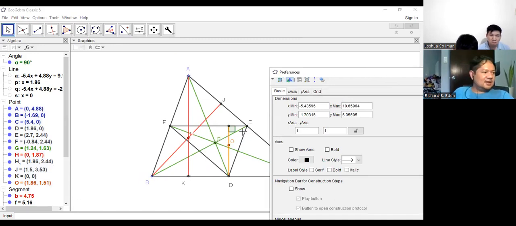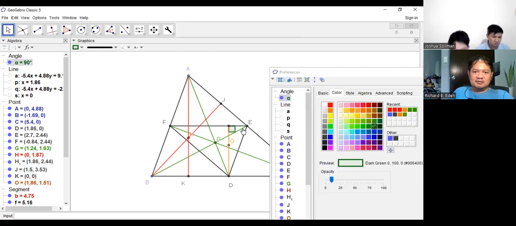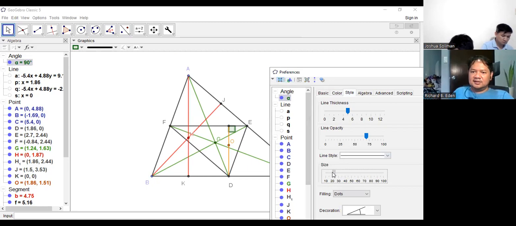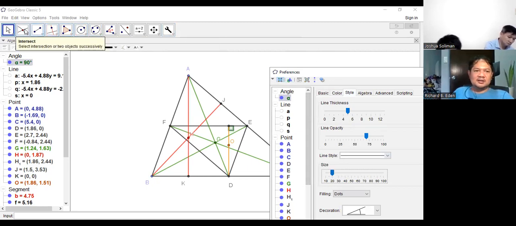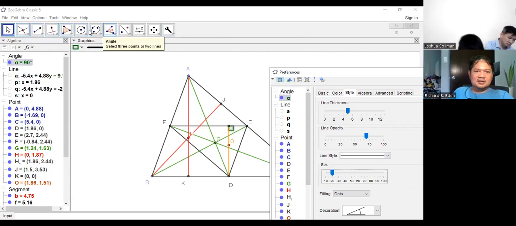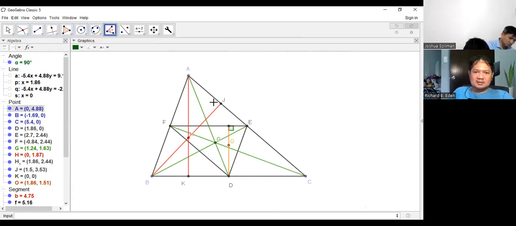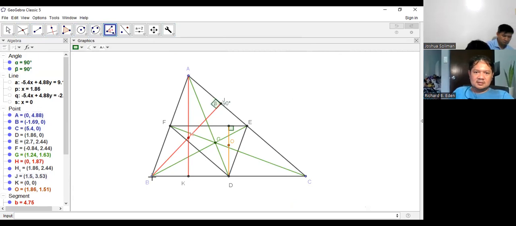Okay, and then since I have that 90-degree angle there, pwede kong liitan. Style, size, 20, tapos some other 90-degree angles here. Mamaya ko na modify ito.